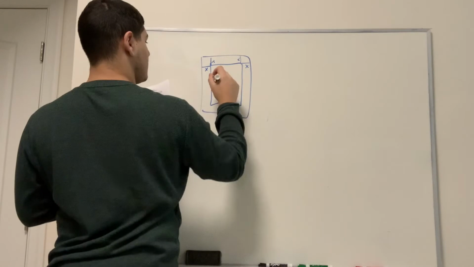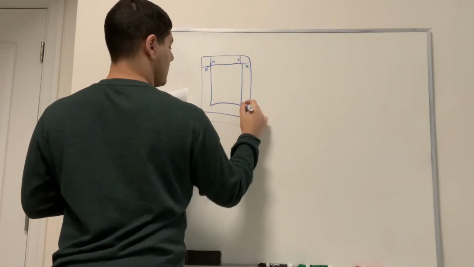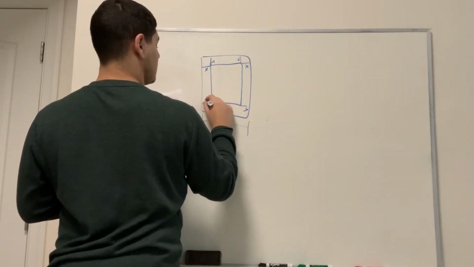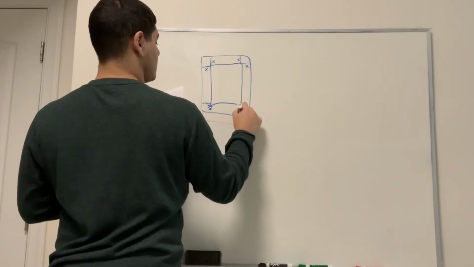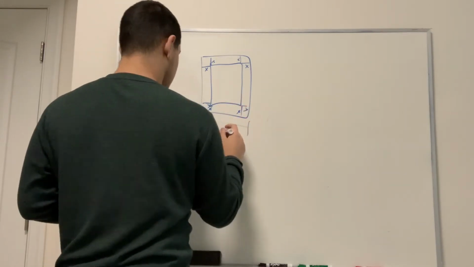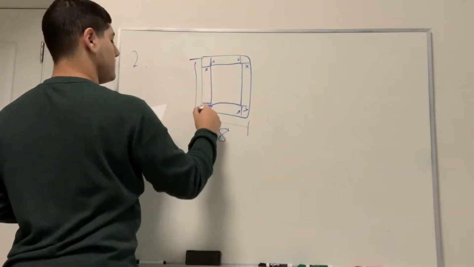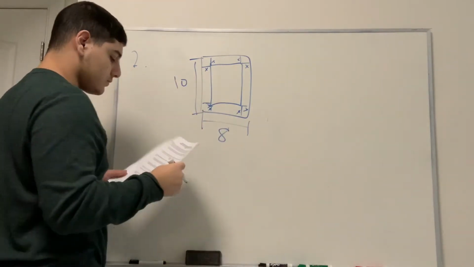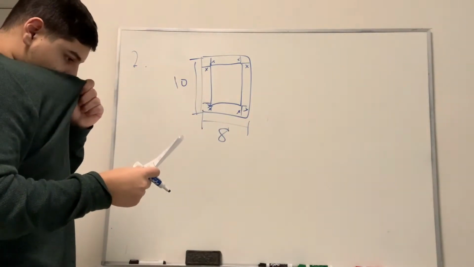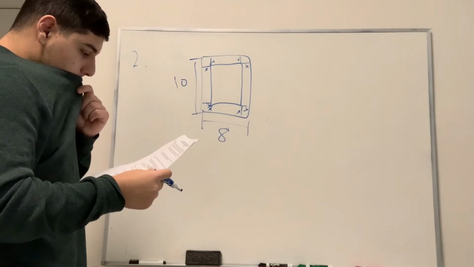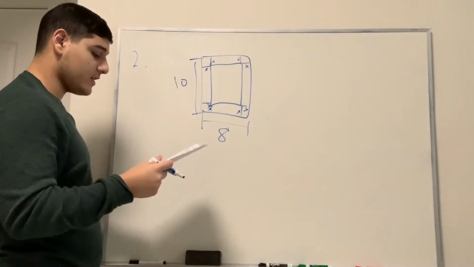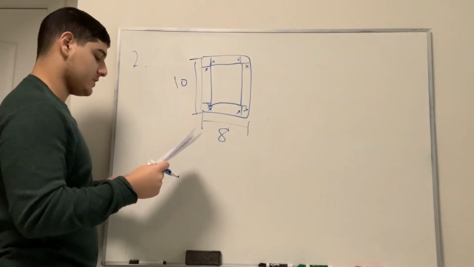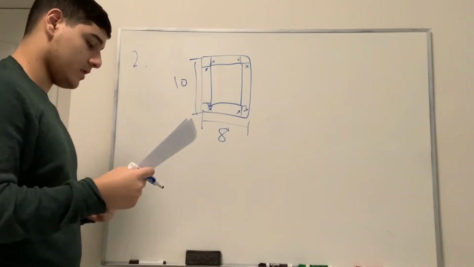This is X, this is X, this is X, this is X. This is 8, this is 10. What type of function can represent the area of the picture and the frame in terms of X, the unknown frame's width?